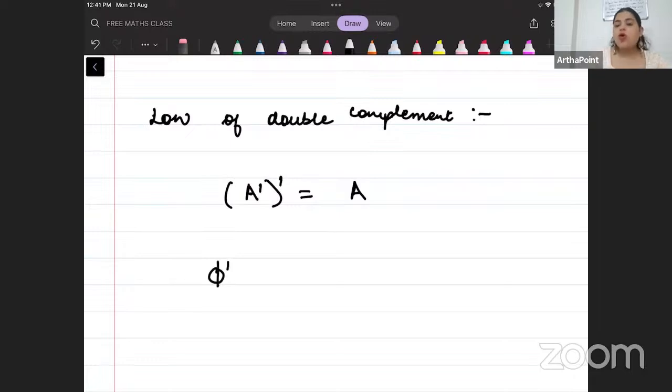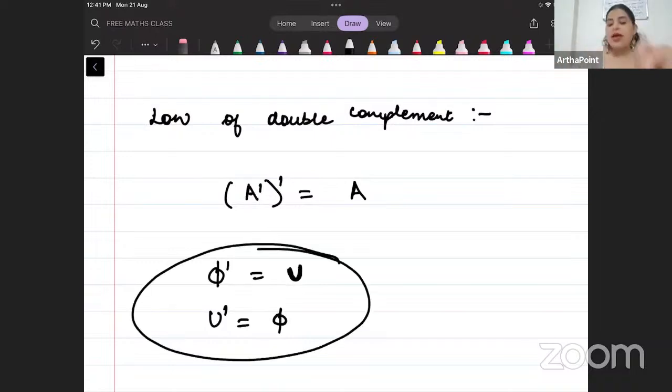This is called the law of empty set and universal set. Complement of null is the universe and complement of the universe is null. Because the universe includes everything, if I remove everything from the universe, only null will remain. So the complement of the universe is null and the complement of null is the universe. I hope this is clear to you.